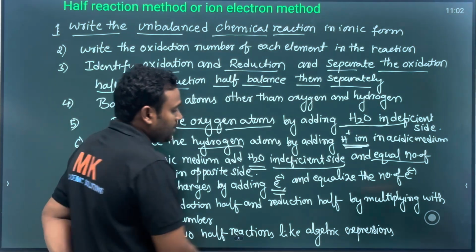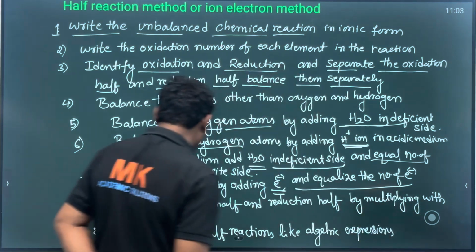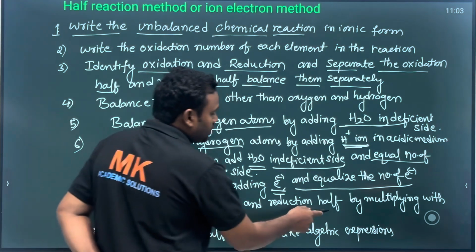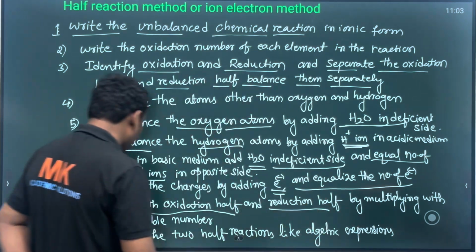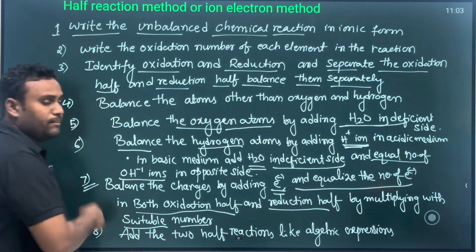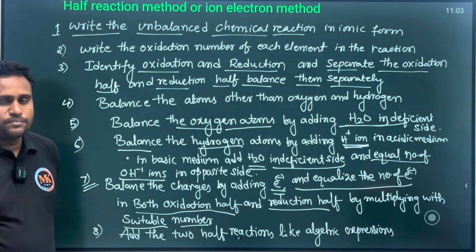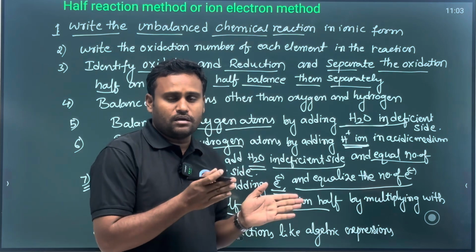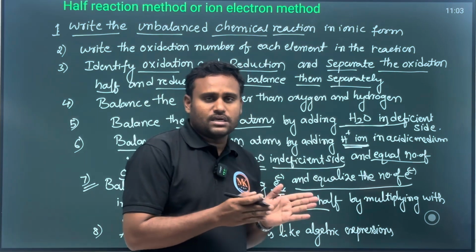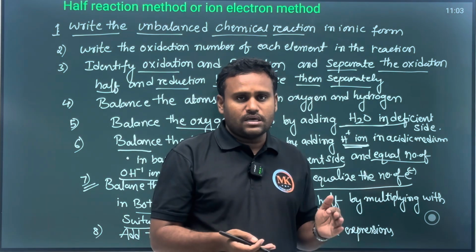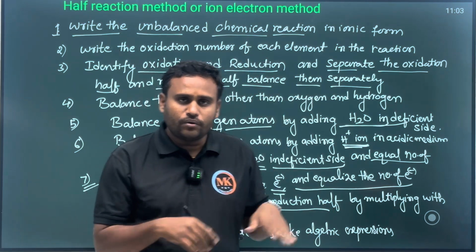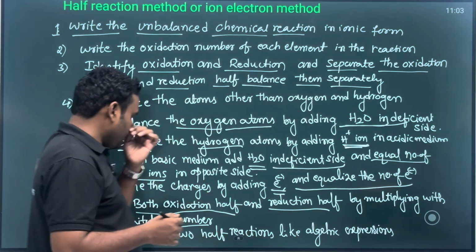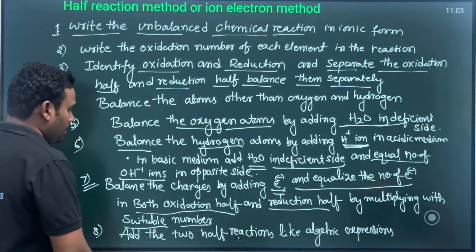Next, equalize the number of electrons in both the oxidation half and the reduction half by multiplying with suitable numbers. The oxidation half has some electrons, and the reduction half has some electrons, so we balance them by multiplying with a suitable number.